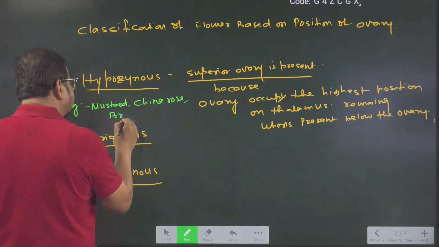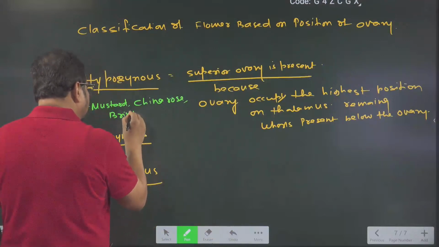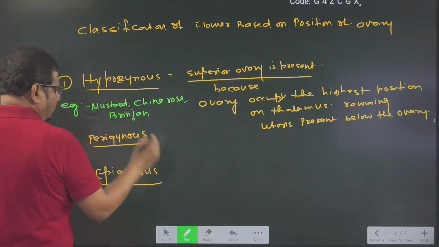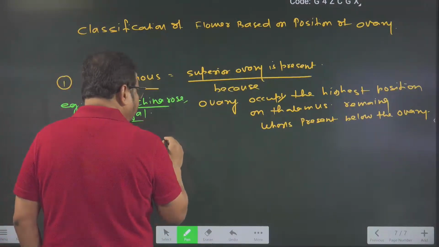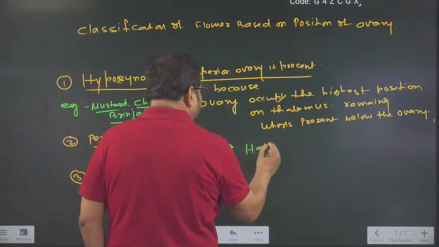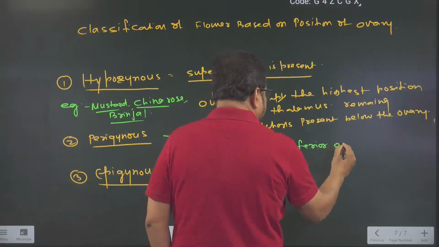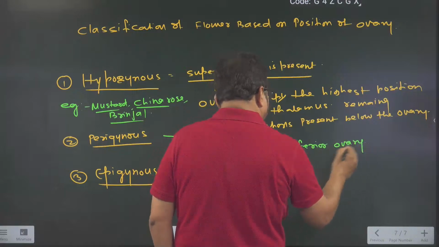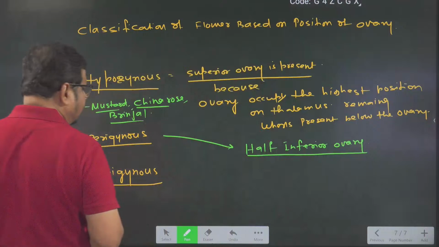Now we are going to talk about perigynous. What happened in perigynous? I am writing here half inferior ovary. Why is half inferior ovary present in perigynous?